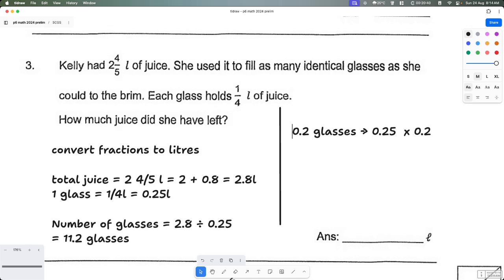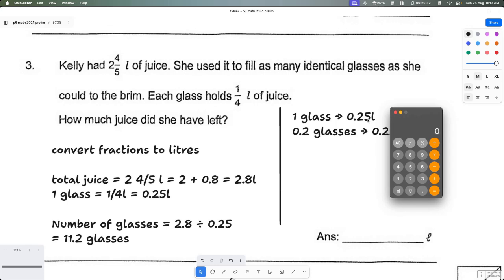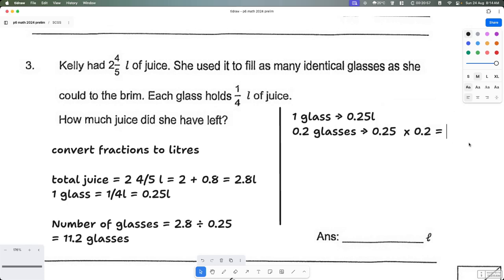So 0.25 times 0.2 will give us 0.05. So the remainder is 0.05 liters.